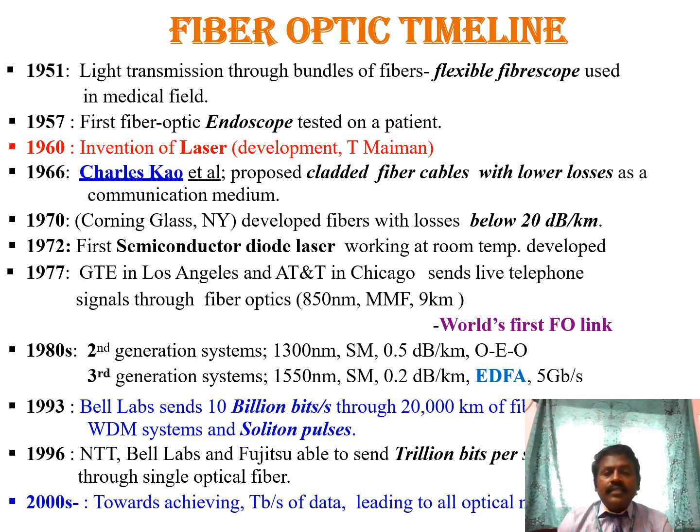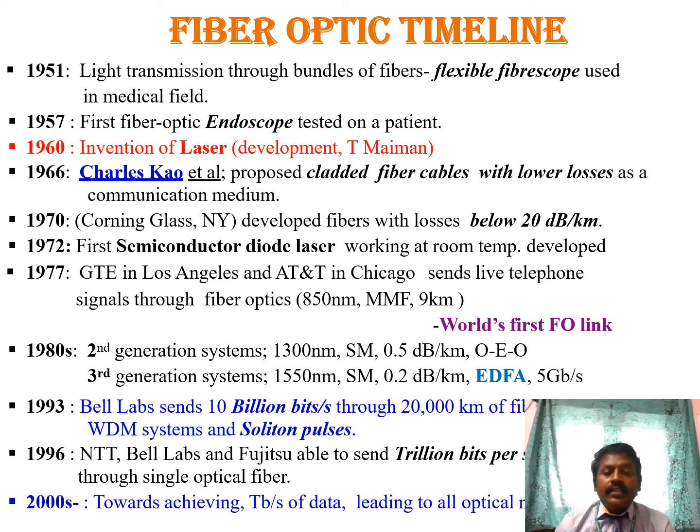In 1977, Los Angeles and AT&T Chicago sent a live telephone signal through fiber optic at a wavelength of 850 nanometers for 9 kilometers using multimode fiber. That was the first world fiber optic link in 1977. In the 1980s the second generation system came, and the same decade the third generation came. The main difference between the second and third generation is that the second generation used 1300 nanometer single mode fiber with a loss of 0.5 dB per kilometer.